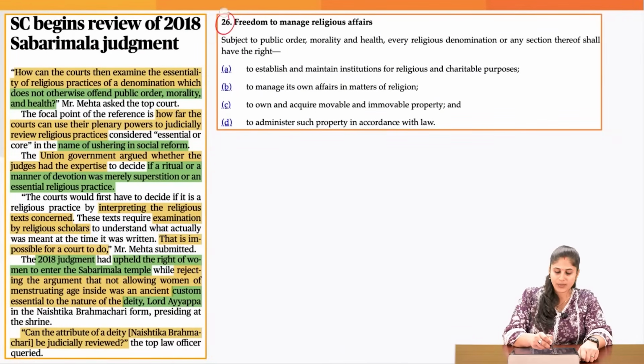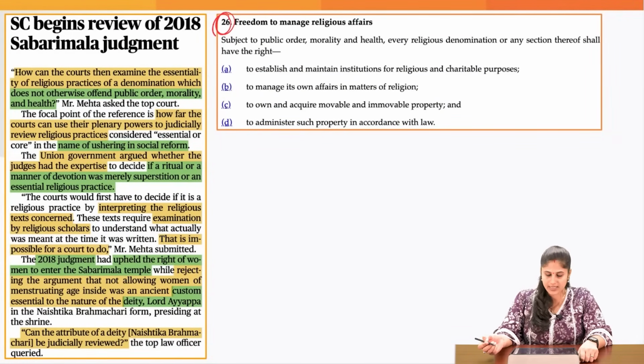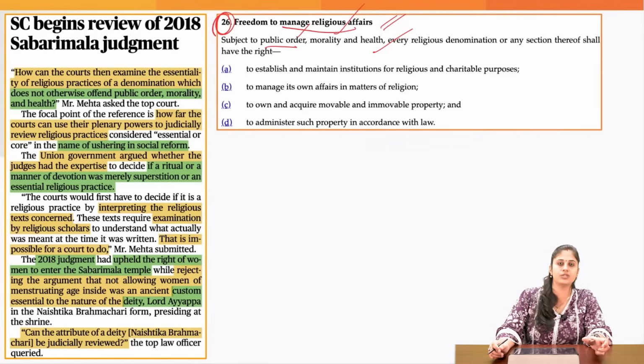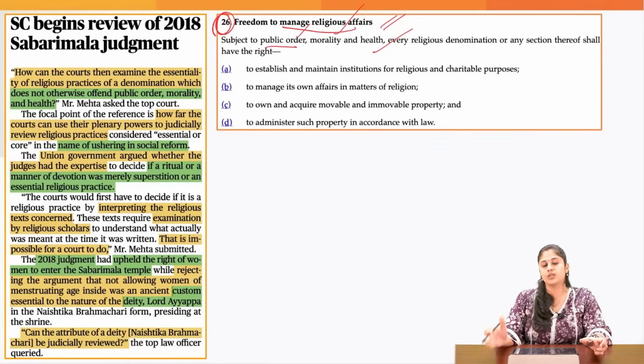If you go by Article 26 of the Indian Constitution, it says that your right to manage religious affairs is subject to certain reasonable restrictions, that is public order, morality as well as health. On these grounds, the court has the power to look into whether a particular religious practice or ritual is an essential feature of that religion or not.